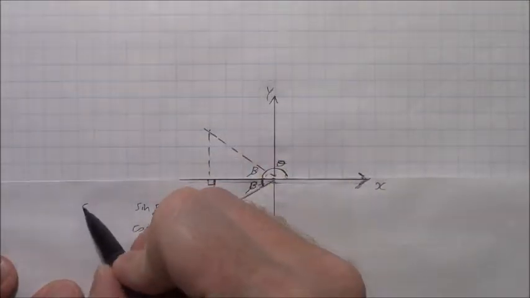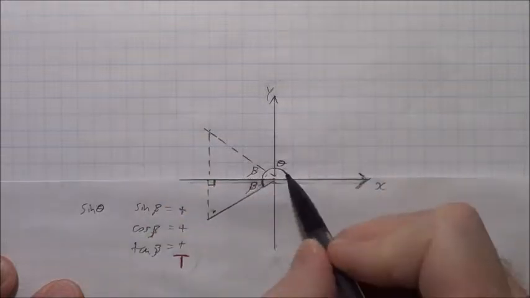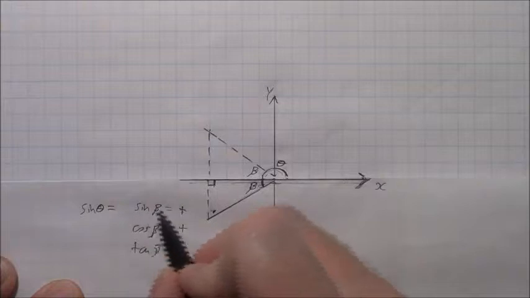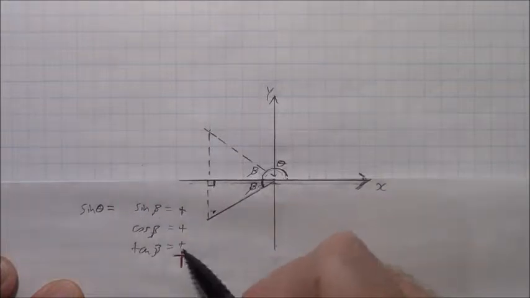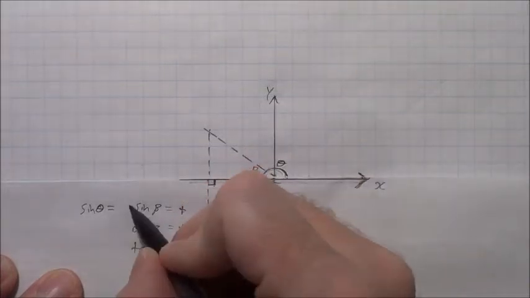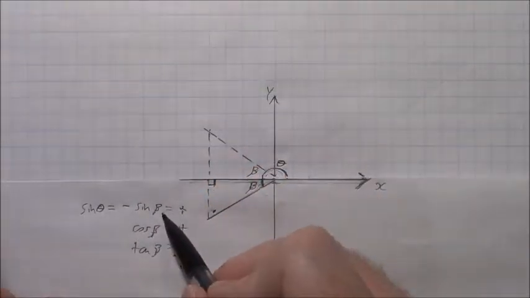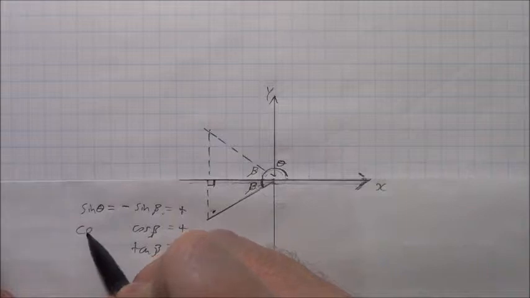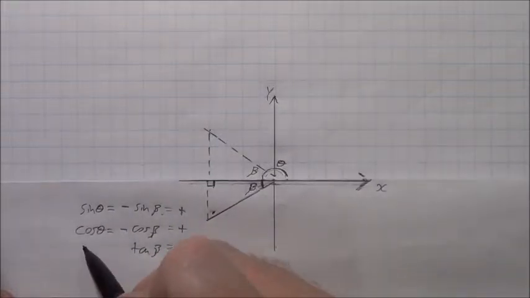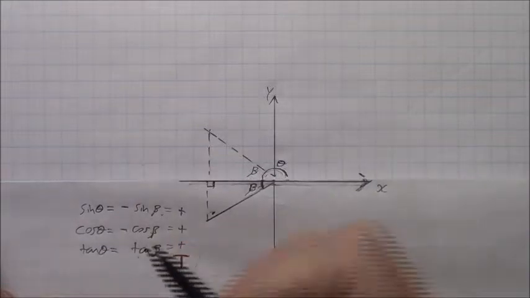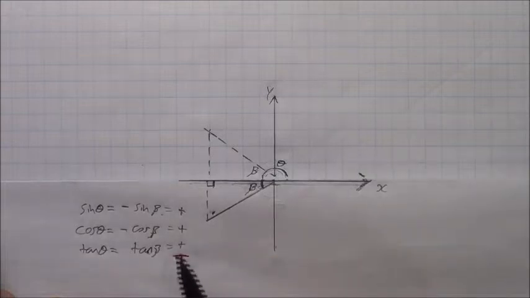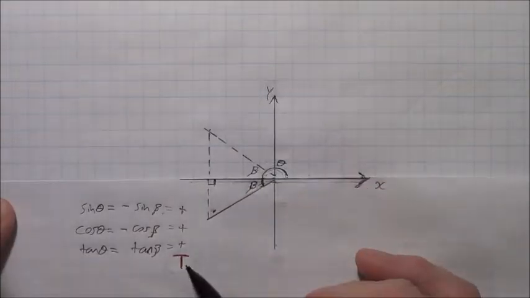So the sine of this actual angle theta we're looking for is going to be the same value as the sine beta, but because it's in the third quadrant where only tangent is positive, that means that sine theta is actually negative sine beta. Cosine theta is going to be negative cosine beta, and tangent theta will actually just be equal to tangent beta because it's in the third quadrant where tangent is positive.